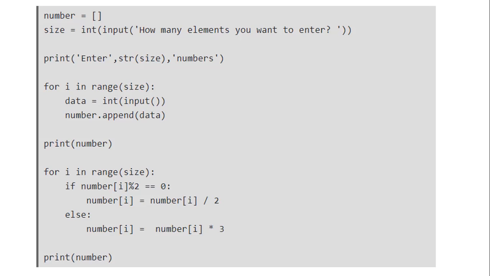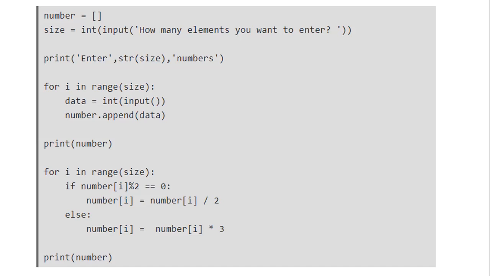We are writing number of i equals the value divided by 2, and we are changing the value in its own place because a list is mutable. You can change the value in its own place. Otherwise, we are going to multiply the number by 3, and then again we have the print number function, so we are going to print the final list.